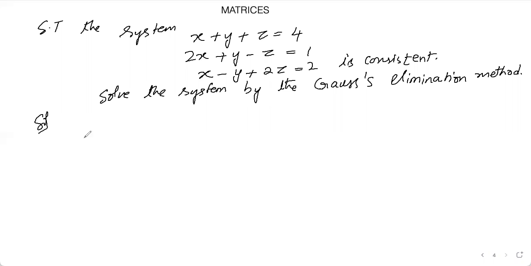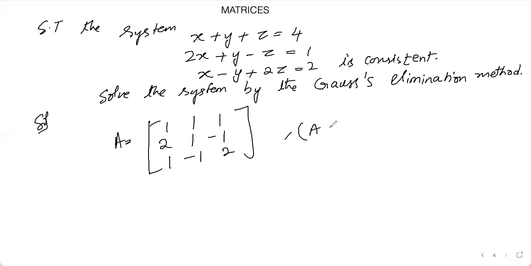Okay, so that is A, which is 1 1 1, right? And 2 1 minus 1, and 1 minus 1 and 2.